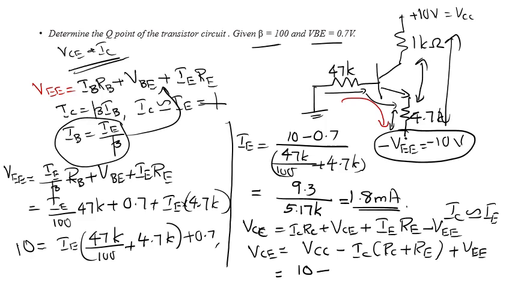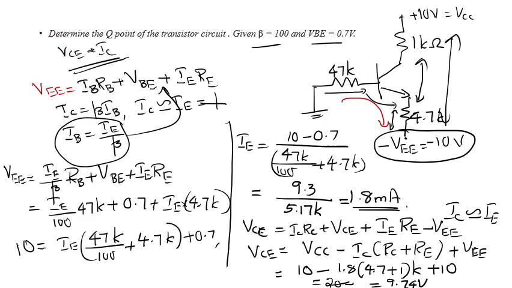So this is 10 minus IC is 1.8 into 4.7 plus 1 kilo, plus 10. So this is equal to 20 minus 1.8 into 4.7 plus 1. On calculating, this value will be equal to 9.74 volt.